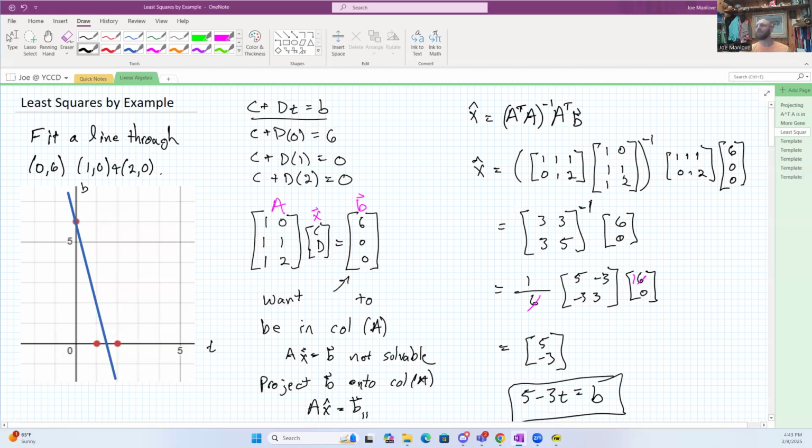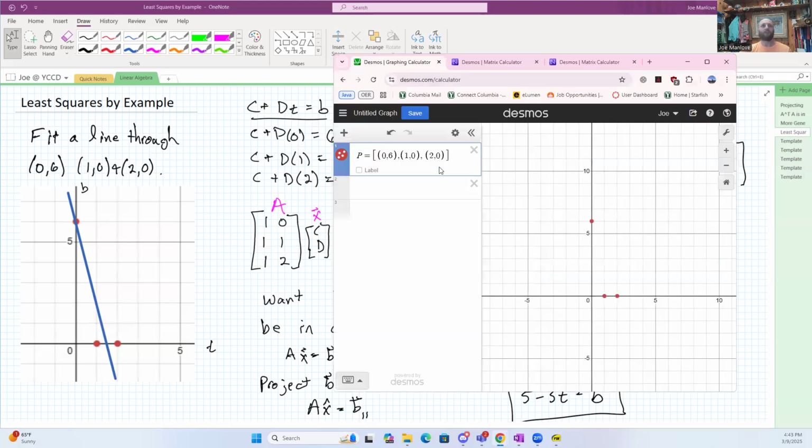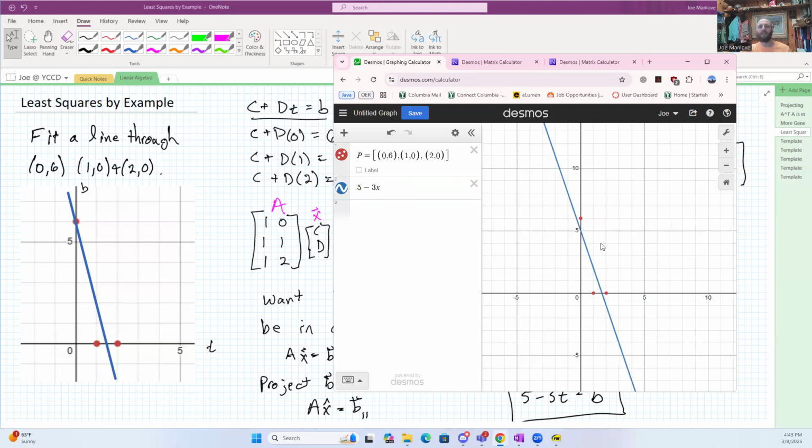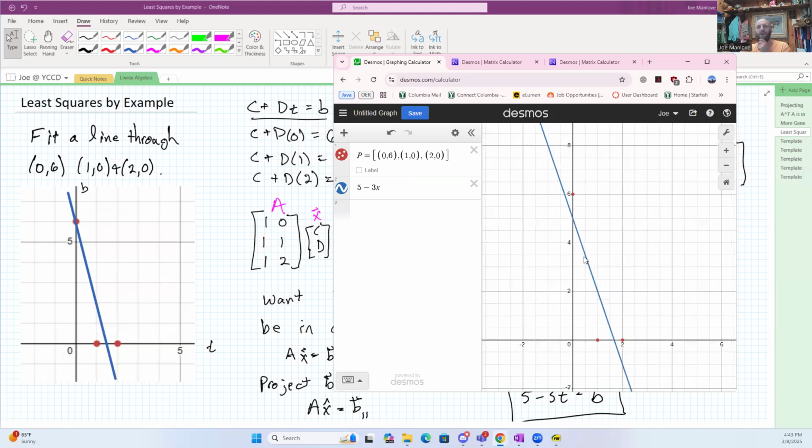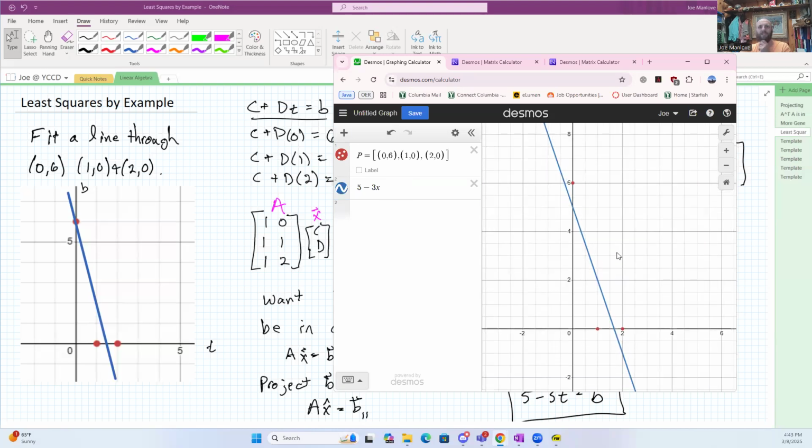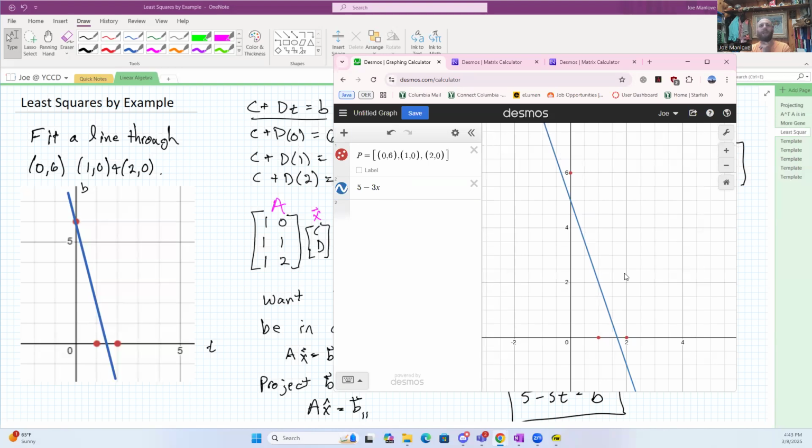So let me plot that in Desmos and we'll take a look. Okay, so here I've got my data points and I'm just plotting the line 5 minus 3x. There's my line. And we notice that something's a little bit different than what I guessed.